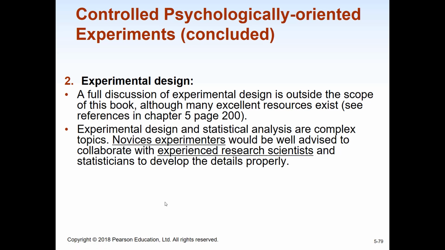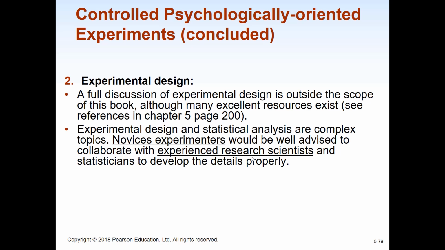So the experimental design should be set carefully. A full discussion of experimental design is outside the scope of this book, although many excellent resources exist; see references for Chapter 5, page 200. Experimental design and statistical analysis are complex topics.